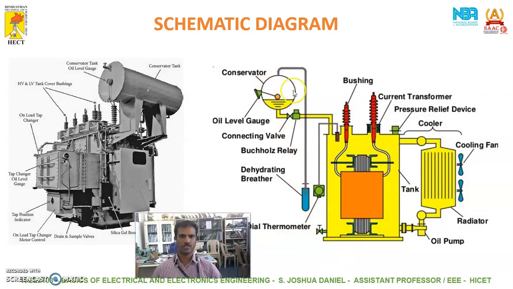The upper part of this conservator has air, so it has to be without moisture. So we have silica gel here, and the moist air gets into this, and the silica gel removes the moisture, and dry air is inside this conservator. You can see a real photo of the high power transformer here on the left-hand side.